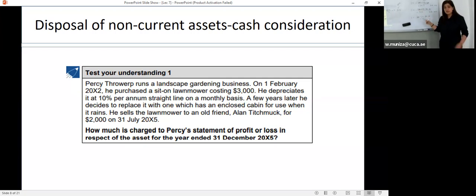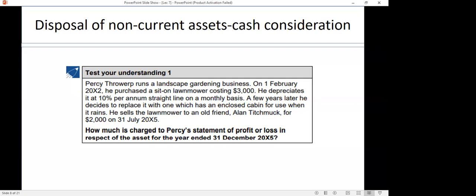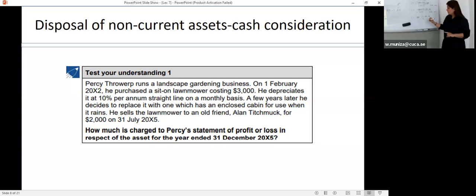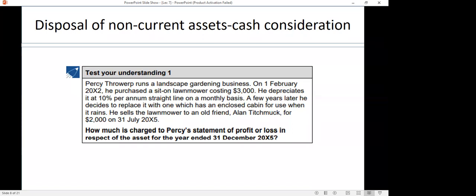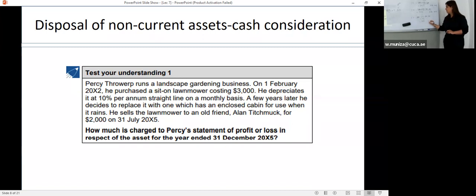Mariam, in the year we dispose of the asset, it is used for only 7 months. So 7 months depreciation is 175. So carrying value at 31st December 2005 will be how much? 1950. This is at 31st December 2005.